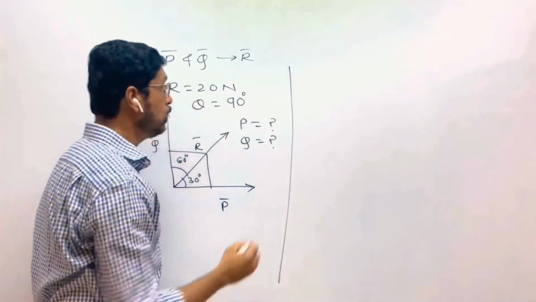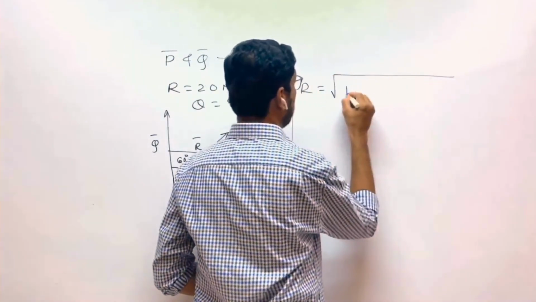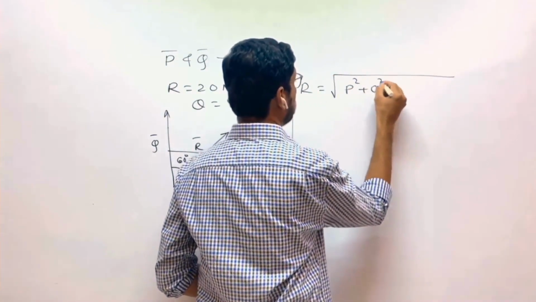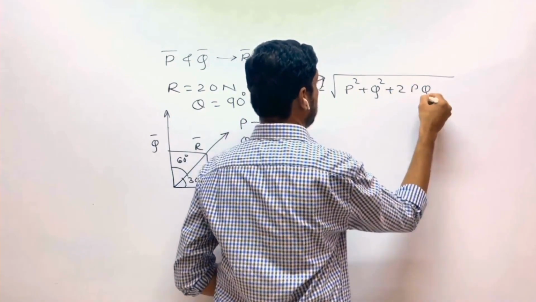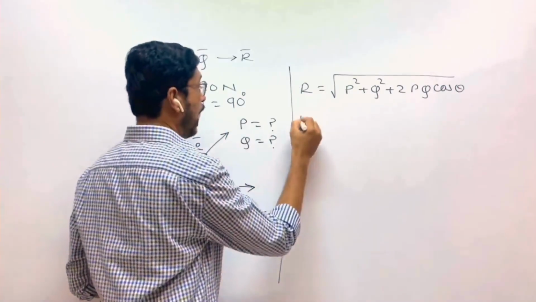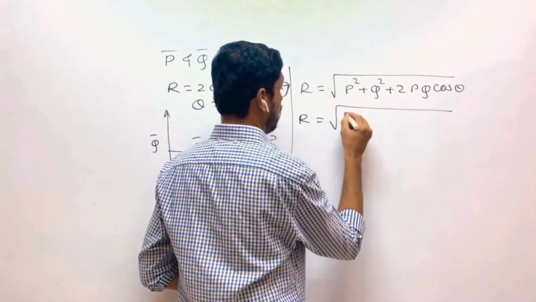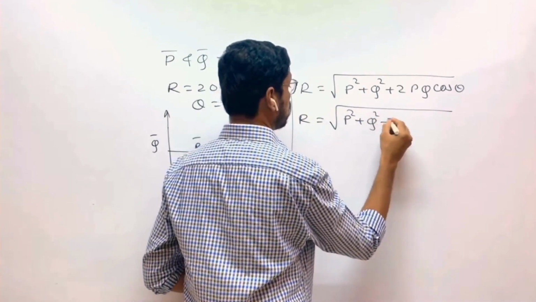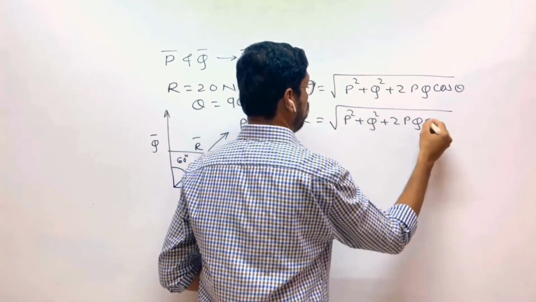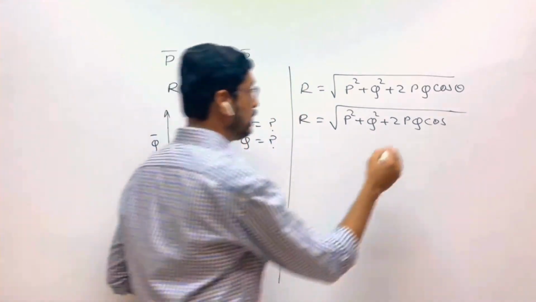Now we know that R is equal to under root P square plus Q square plus 2PQ cos theta. So R in this case will be equal to under root P square plus Q square plus 2PQ cos of, how much is theta? 90 degree.